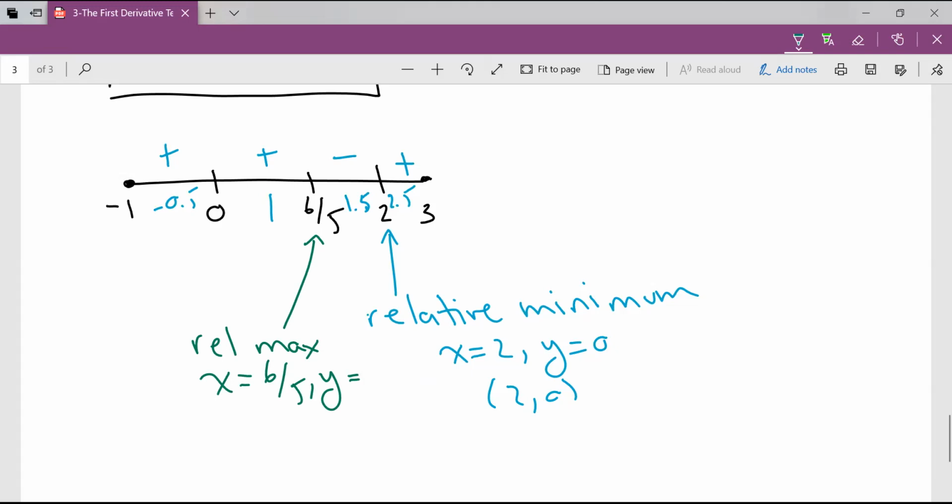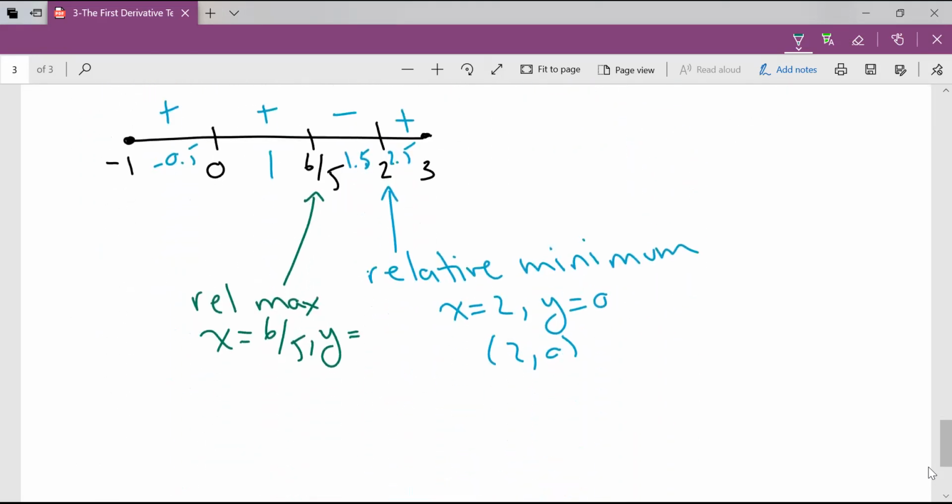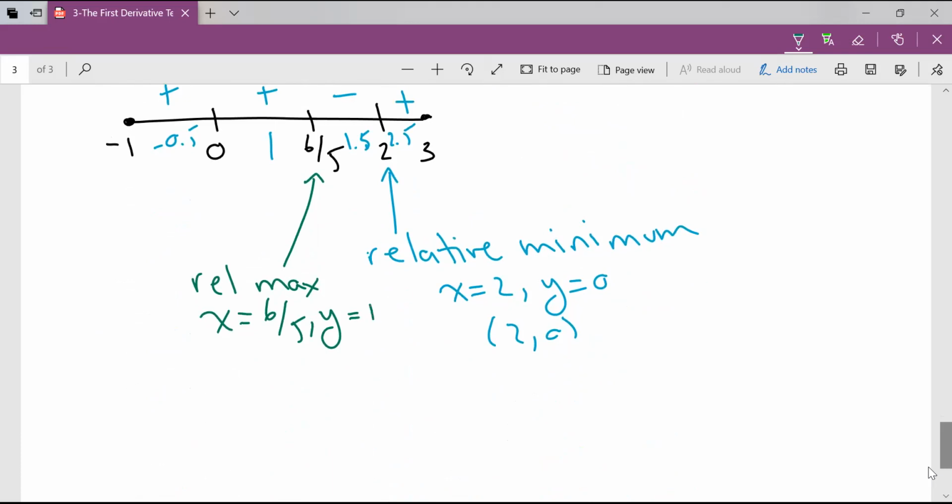Okay, well, for that one, I think I'm going to finally pull out a calculator here. And so if I stick 6 over 5 into this beast, what am I going to get? I don't know. Let's figure it out. I get approximately 1.1. So we have a relative max at 6 over 5 and approximately 1.1.